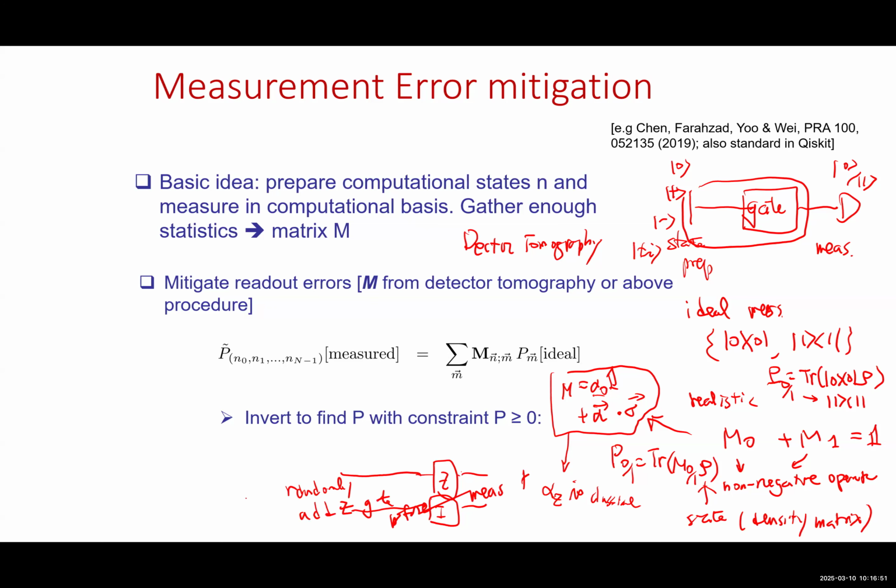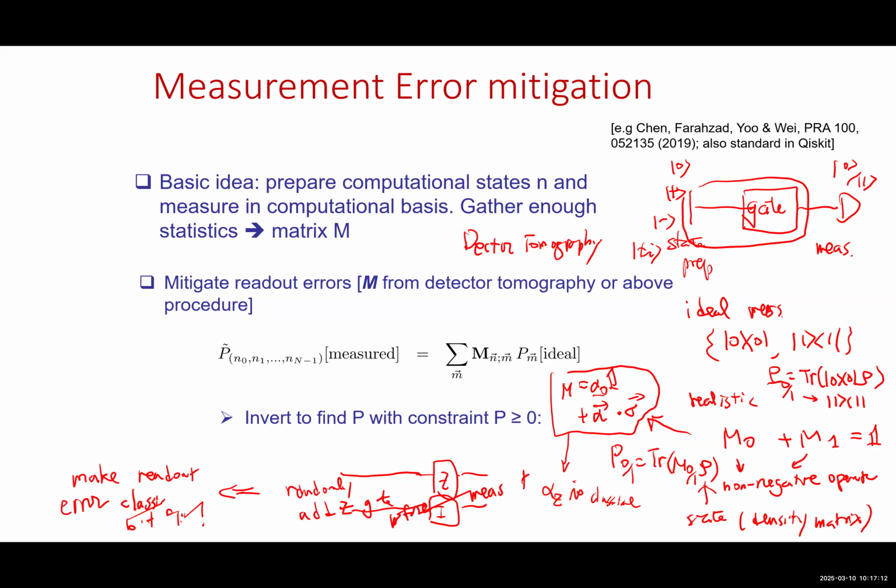This would make the readout error classical, a bit flip. Okay.